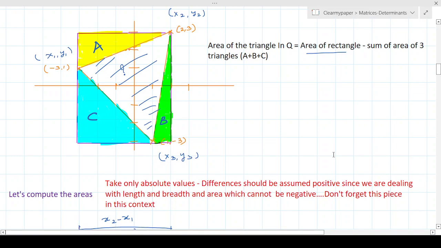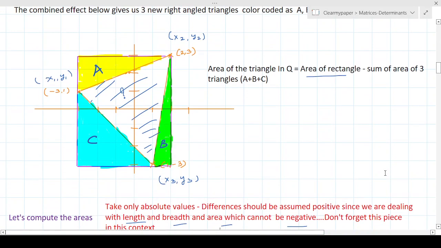We will just ignore that because we know that the area of a triangle or any length in general from a geometric standpoint cannot be negative because the length is a real thing, right? When we say it's 1 feet, it's 1 feet. When I say it's 1 square meter, it's 1 square meter, however it is. So we will just ignore the notion of numbers being negative. We are not dealing with numbers per se. We are dealing with numbers that represent length, breadth, and area, which cannot be negative. So keep that in mind.